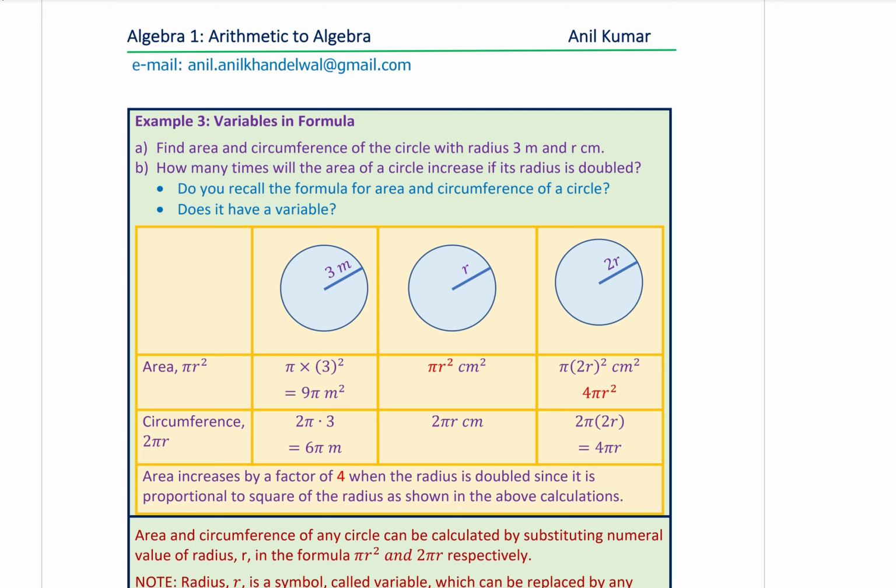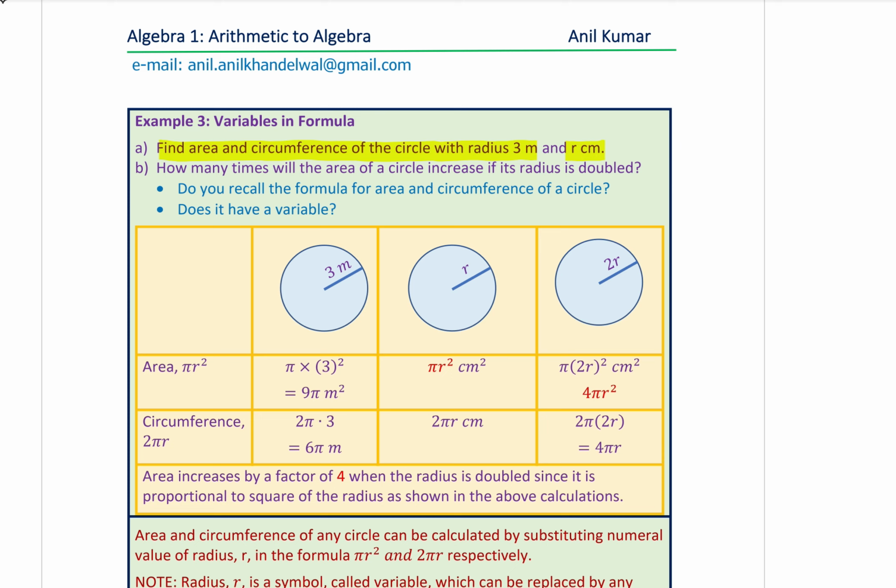The example is: find area and circumference of circle with radius 3 meters and r centimeters. So I've given the radius as 3 meters and r centimeters. That means there are two different circles, right?